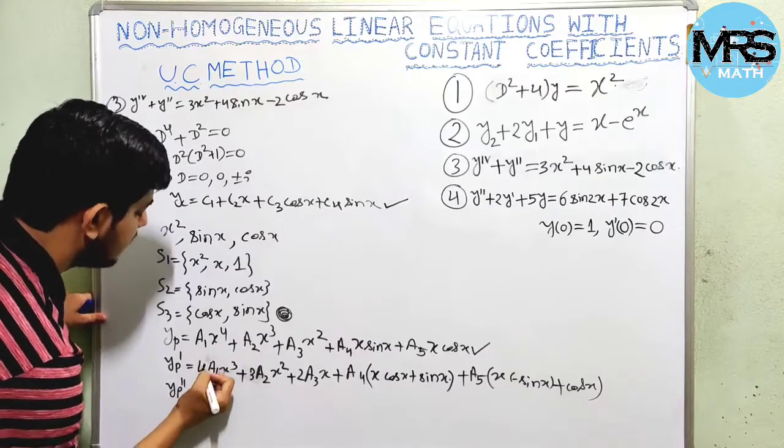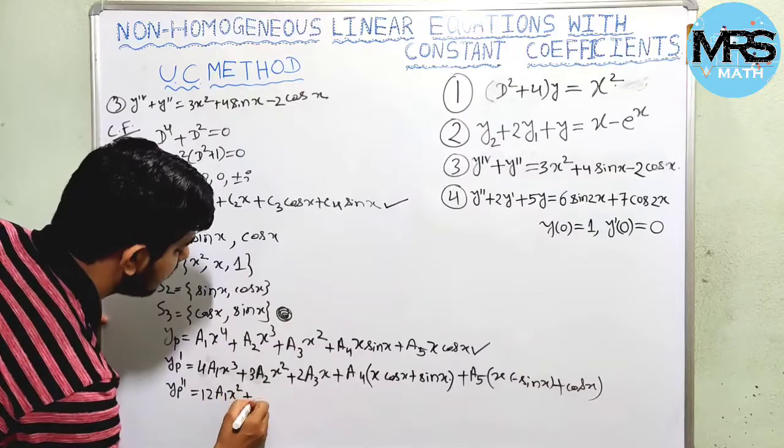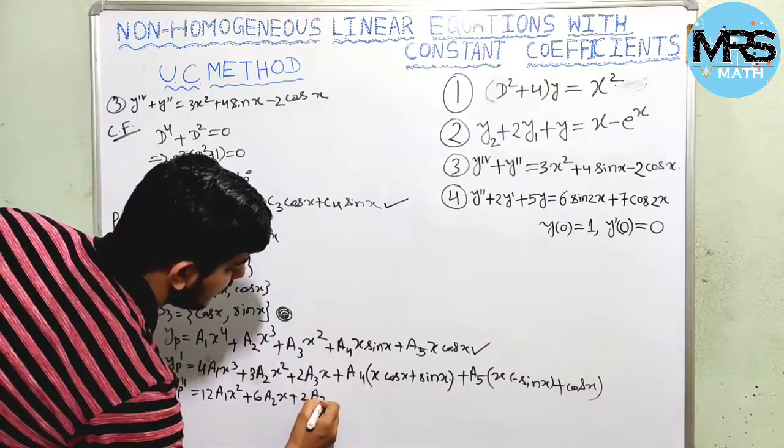Okay. Next we will proceed for the second derivative. Let us see. That is 4 into 3 is 12 a1 x square plus 6 a2 x plus 2a3.